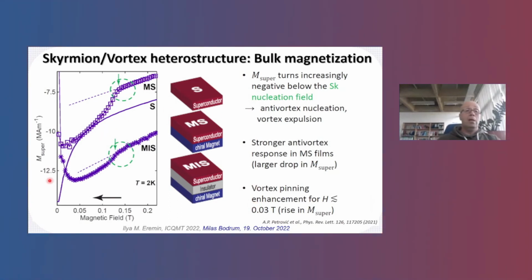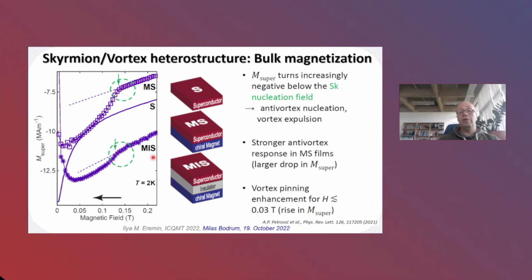This is a measurement of the bulk magnetization, and you clearly see that, in contrast to the typical behavior of a superconductor, you see a transition that is connected to the skyrmion nucleation field that they see here.